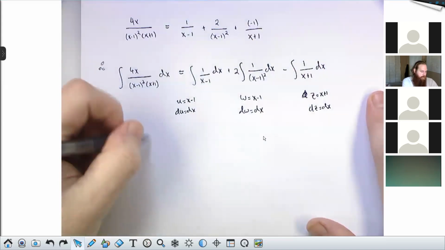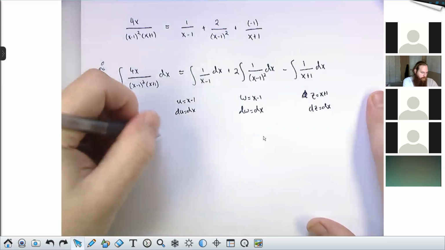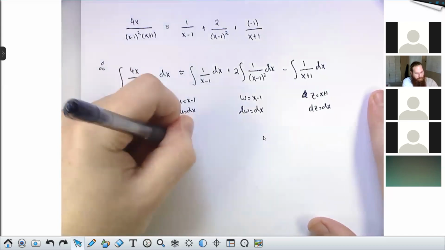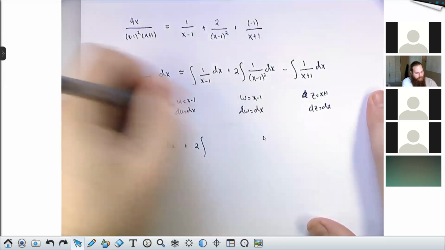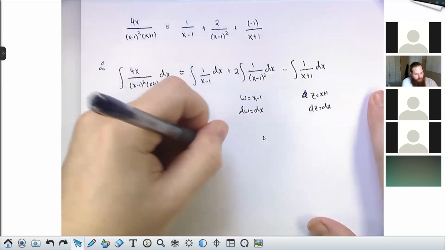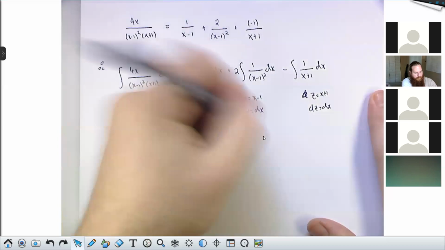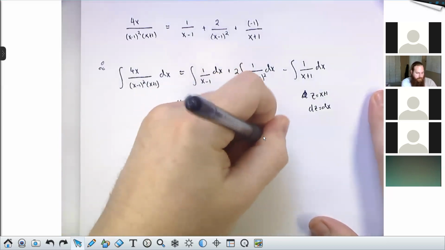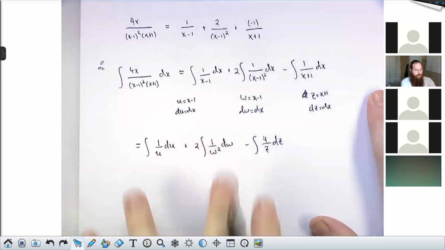And I'll get the integral of 1 over u du plus 2 times the integral of 1 over w squared dw minus the integral of 1 over z dz. The outer two are natural logs.